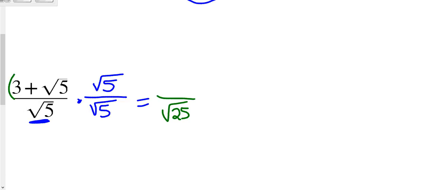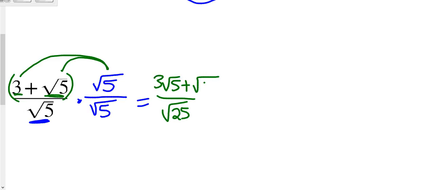On the top, you have to be careful here, because what happens is since we have 2 numbers here, 2 terms, the square root of 5 is going to have to be distributed. So we have 3 square root of 5 plus another square root of 25. Also be careful here. Yes, these 2 things are the same, but they cannot be canceled because the one on the top is added. If it is added, it cannot be canceled. Only if it's multiplied.